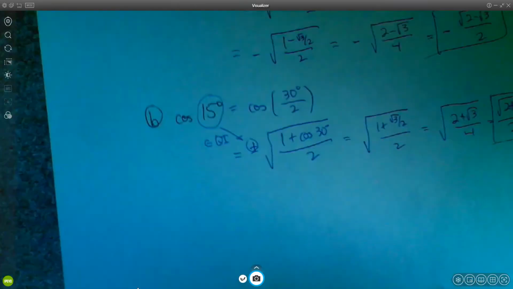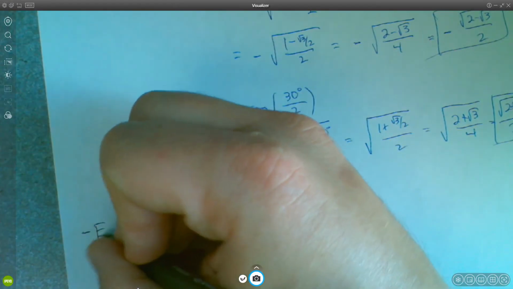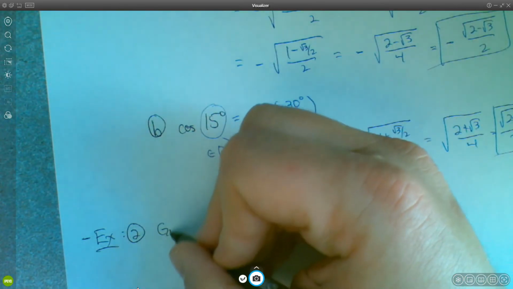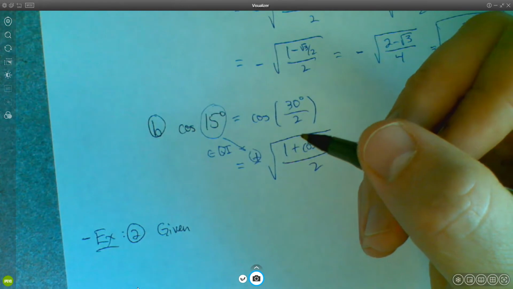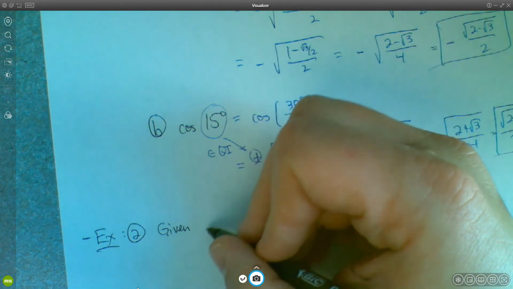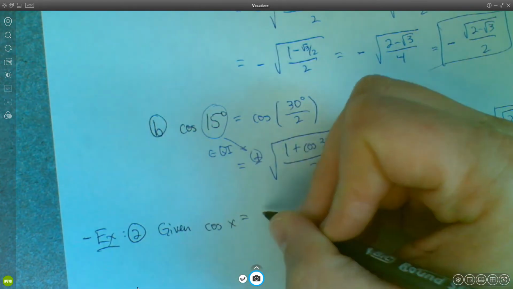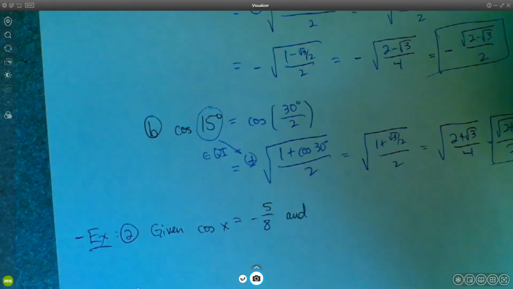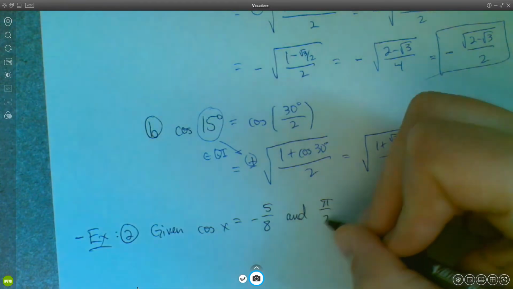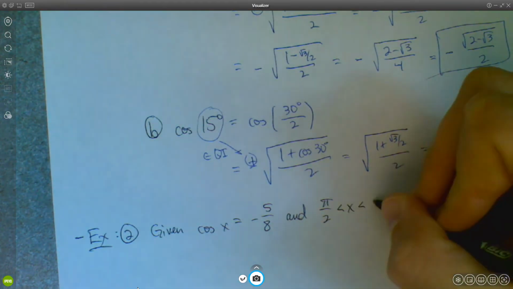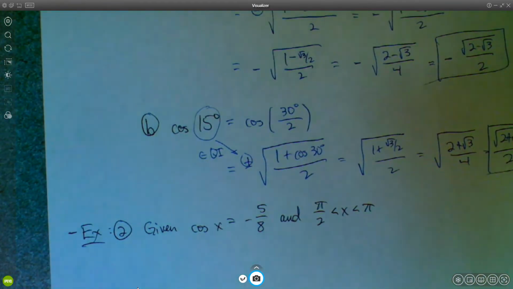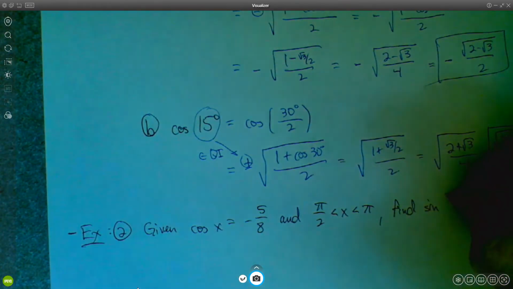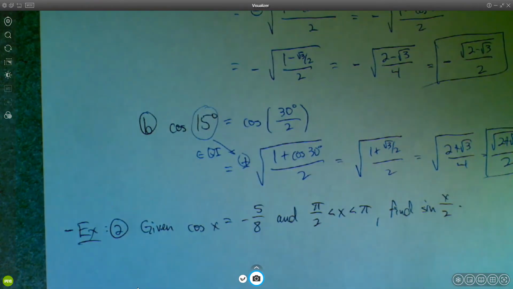Here's another one. Given that cosine x is negative 5/8 and x is between pi over 2 and pi, let's find sine of x over 2.